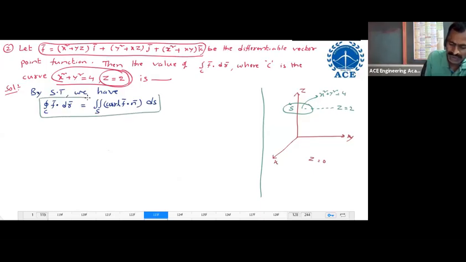To evaluate this line integral, we try to convert the line integral to a surface integral. Again, for the evaluation of the surface integral, we convert it to a double integral with the help of projection. To convert the left hand side line integral to the right hand side surface integral, on the right hand side we require the curl of the given vector function. After that we find n bar. Now we try to evaluate the curl.